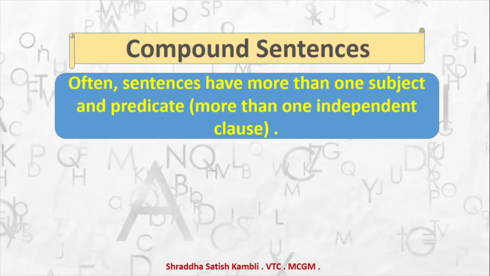So one big sentence has more than one simple sentence within it. Such sentences are called compound sentences. I remember that when we were talking about compound sentences in the previous lesson, I gave you the example of compound leaves, where small leaves combine together to form a big leaf. So that is the meaning of a compound sentence.